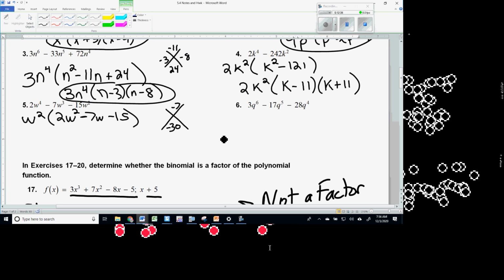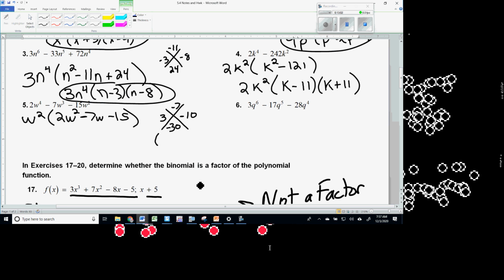Start with the multiply. What two numbers multiply to give you 30? 6 and 5. Those don't add to give us 7. How about 10 and 3? So 10 and 3. It's negative 7. It's negative 10.